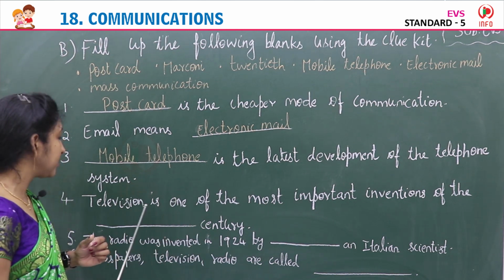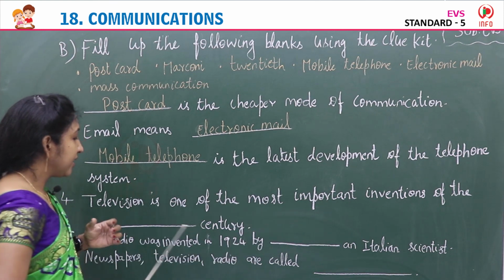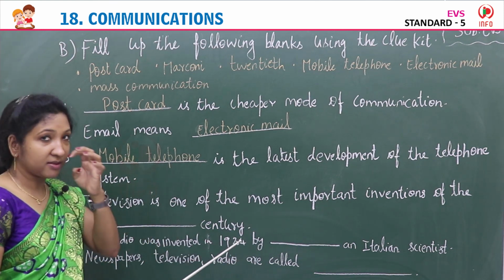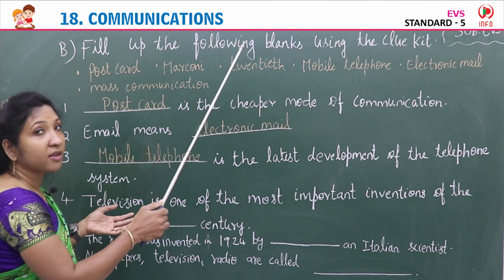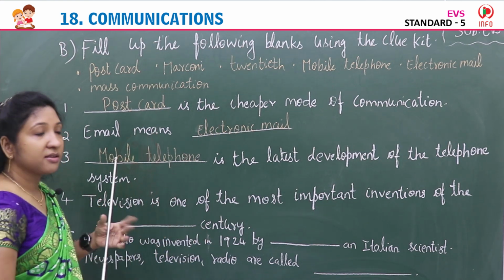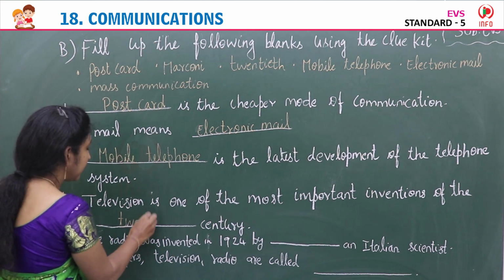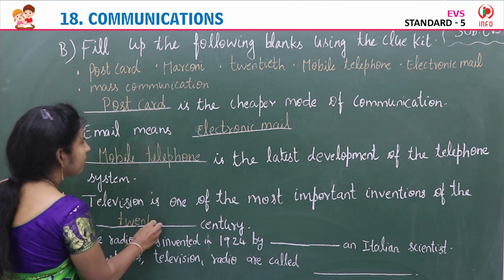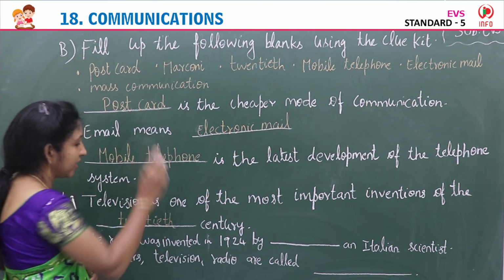Mobile telephone is the latest development of the telephone system. Now, fourth question, television is one of the most important inventions of the dash century. Yes, television is one of the most important inventions of the 20th century. T-W-E-N-T-I-E-T-H, 20th century.